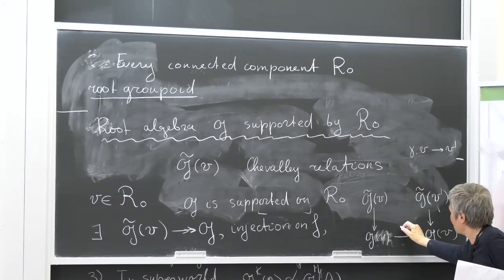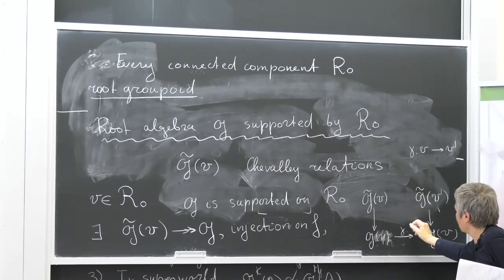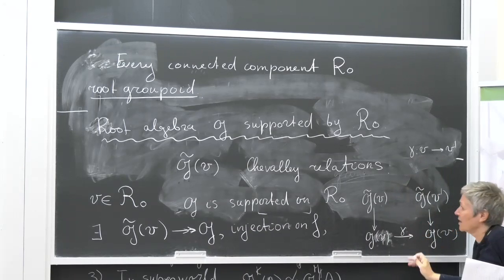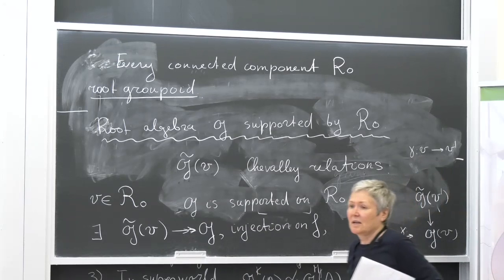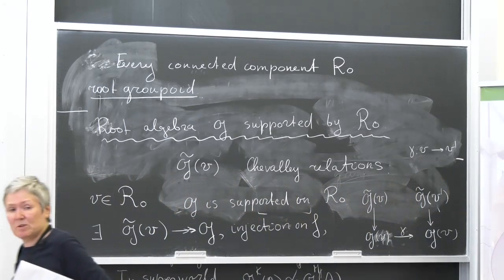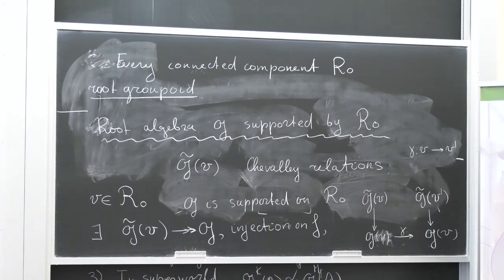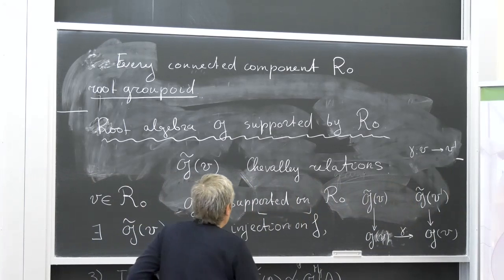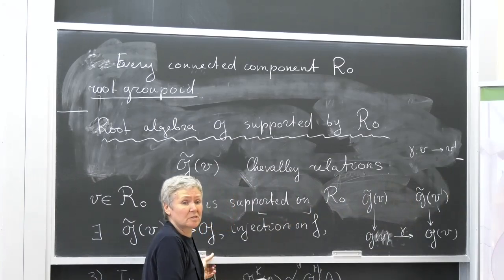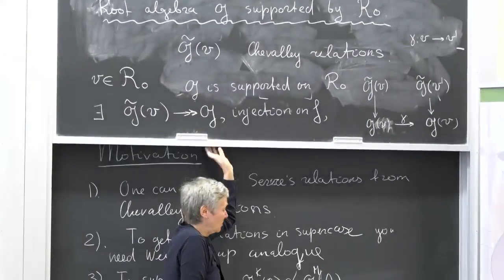And I want to have the isomorphism here corresponding to this gamma. In principle, such algebra couldn't even exist. It could be only the trivial one. So we call groupoid admissible if such algebra exists. R0 is admissible if there exists a root algebra.